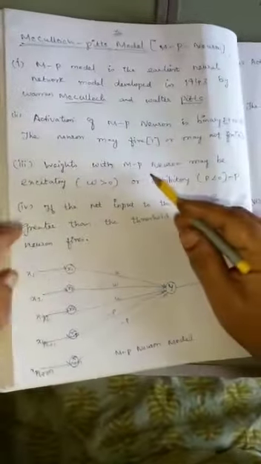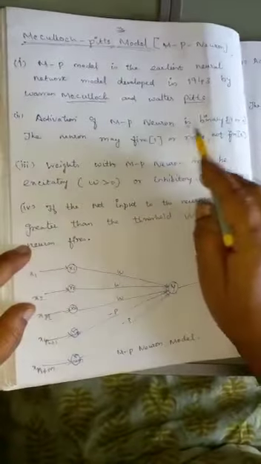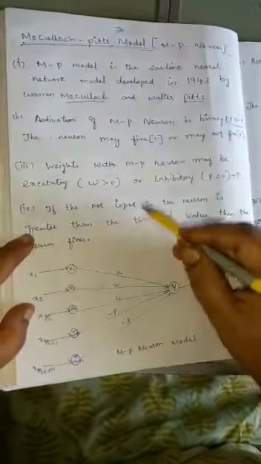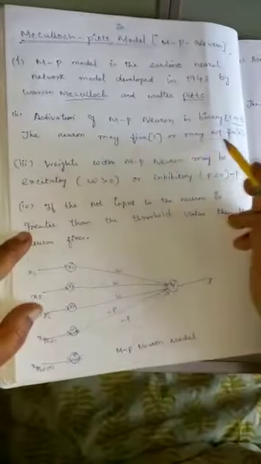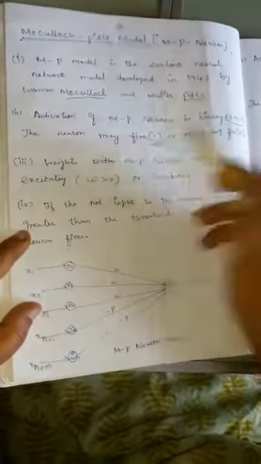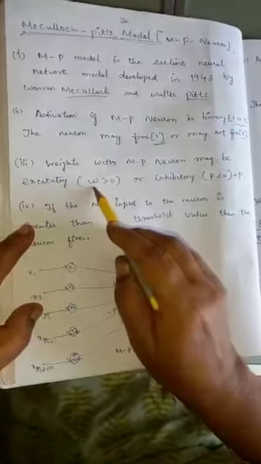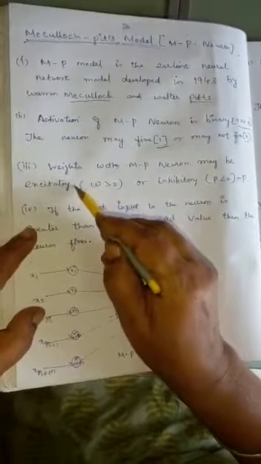And here the activation of the MP neuron is binary, which takes a value like 1 and 0. The neuron may fire or may not fire. If it fires, it takes a value 1, and if it doesn't fire, it takes a value 0. Also, weights with this MP neuron may be excitatory weights, which is a positive weight.